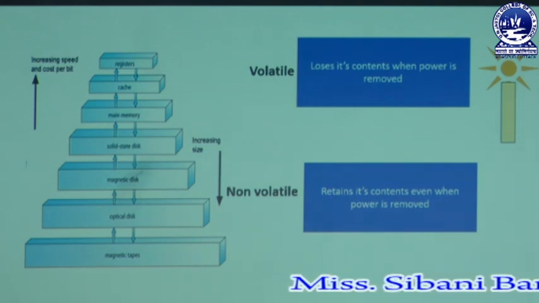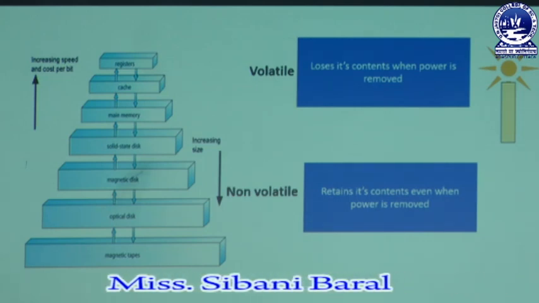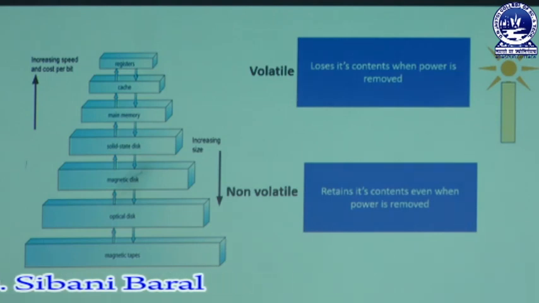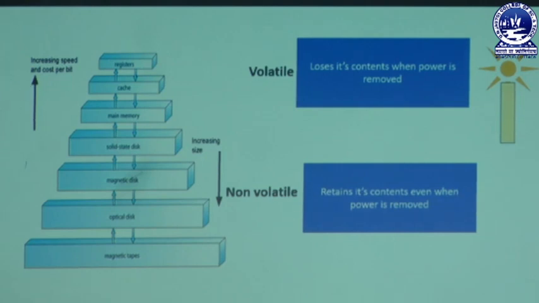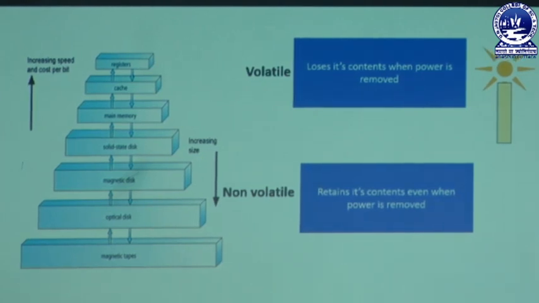Non-volatile means it retains its contents even when power is removed. Our secondary memories, solid state SSD, magnetic disk, optical disk and magnetic tapes are all non-volatile in nature, and your main memory, cache and registers are volatile in nature.